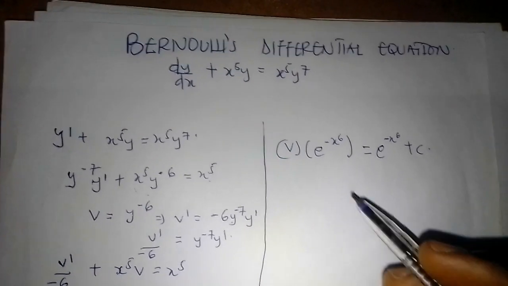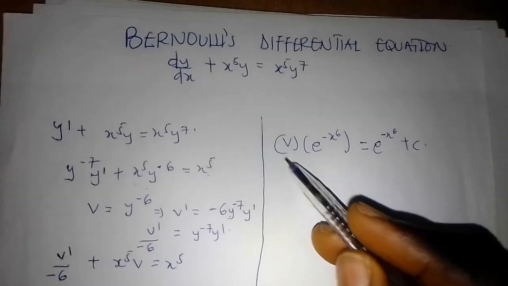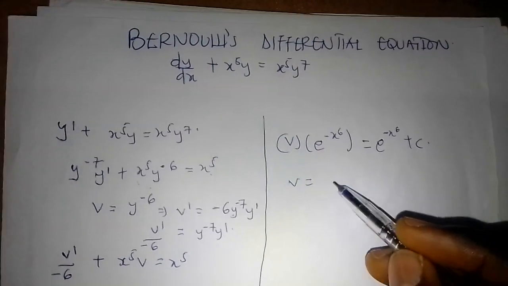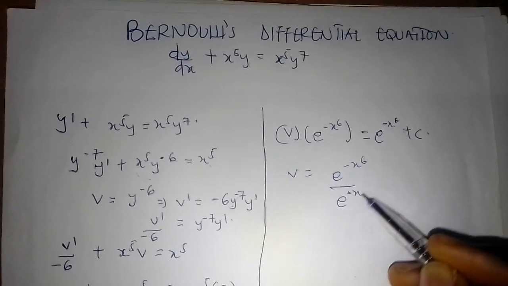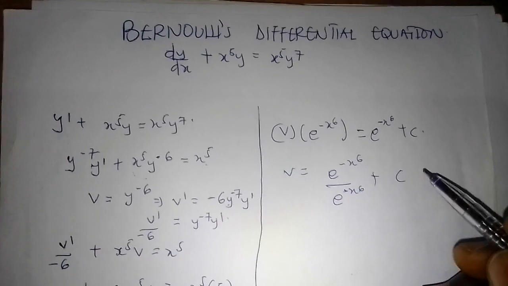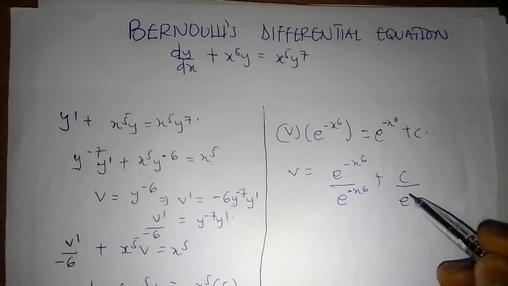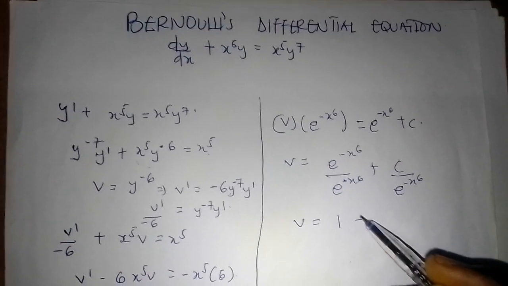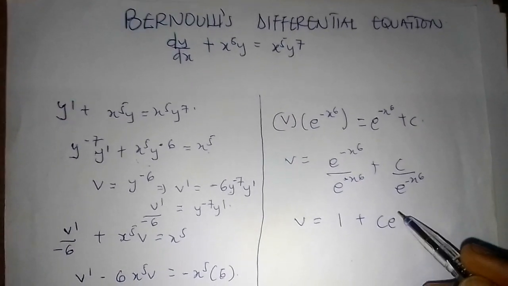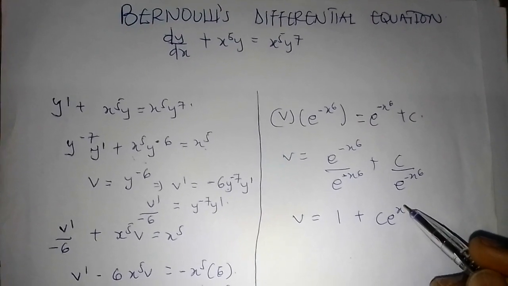So at this point, what do we do? I have to divide through by the coefficient of v, and that is going to give me e to the power negative x to the power 6 over the same expression, plus c e to the power negative x to the power 6 over it. My v is simply 1 plus c e to the power x to the power 6.